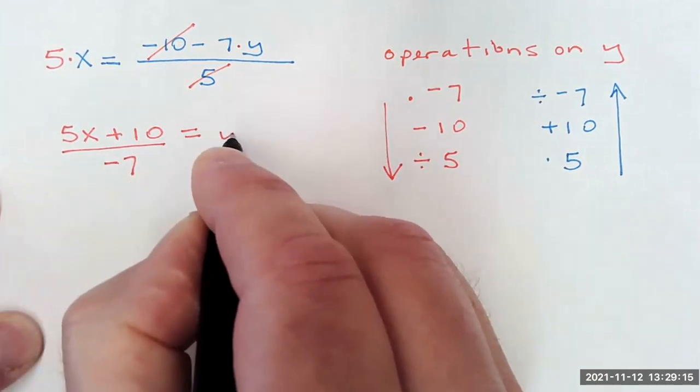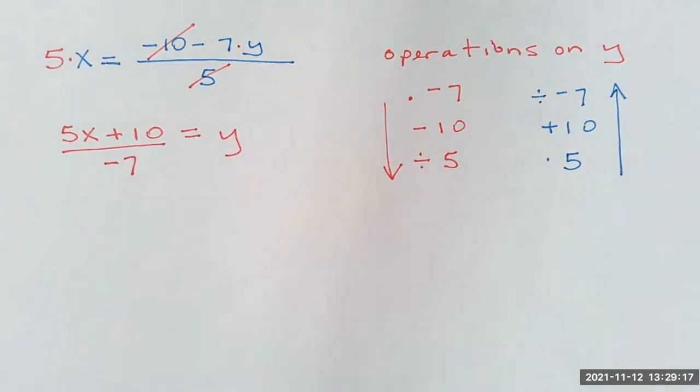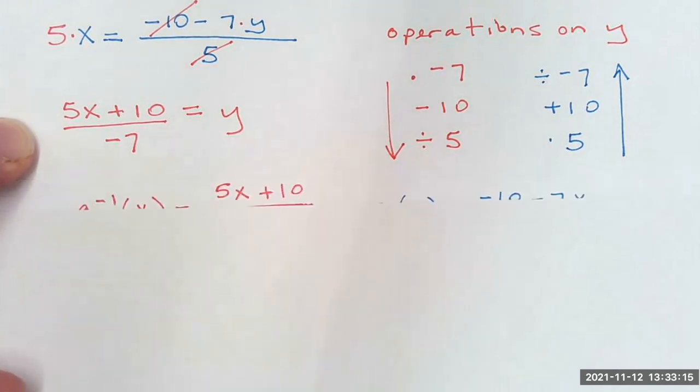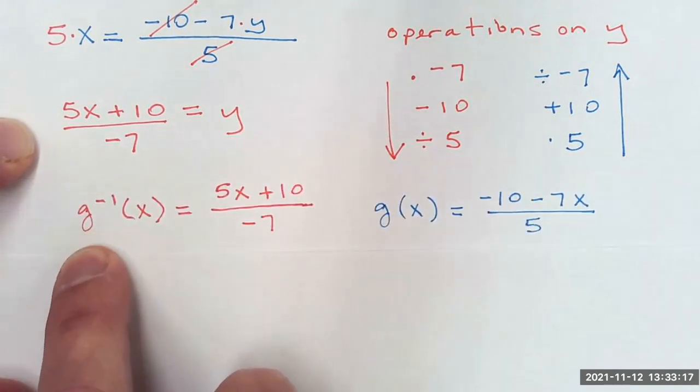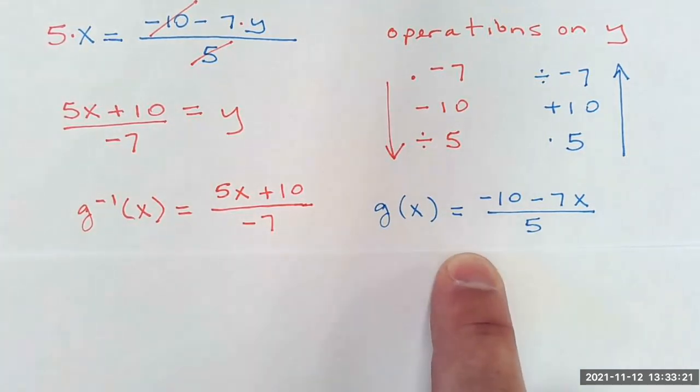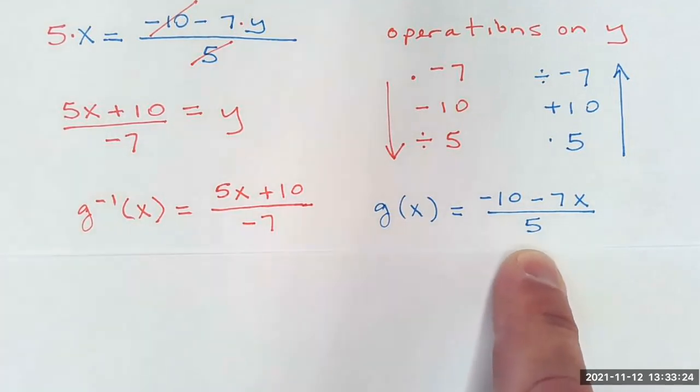And we're left with our output y. Rewriting our inverse function in function notation gives us inverse g of x equals the expression. Here's the original g of x equals this expression.